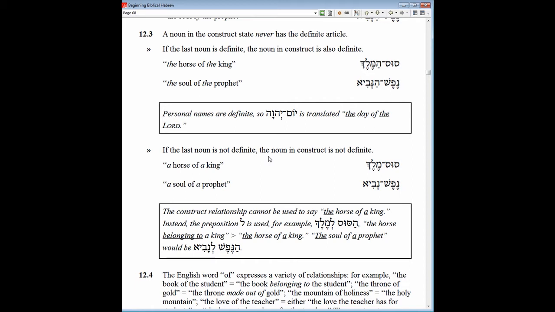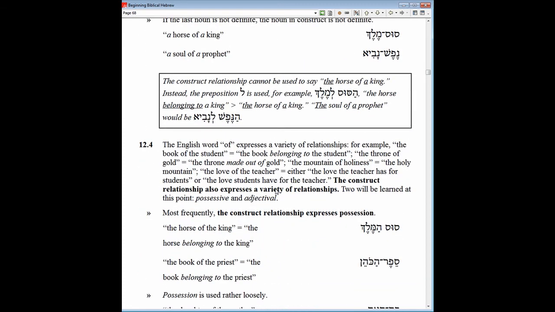It's a proper noun. If the last noun is not definite, if it lacks the article, both of them lack the article, then you have an indefinite construct relationship. So sus melech is a horse of a king. Again, pretty self-explanatory.